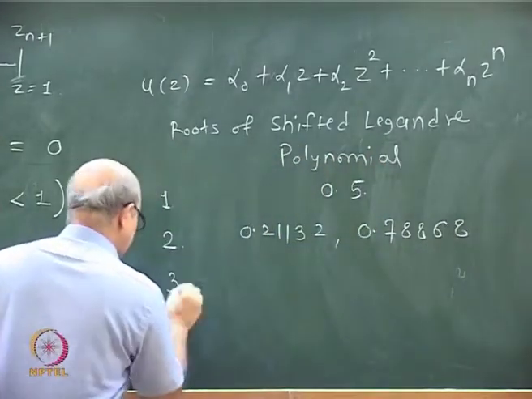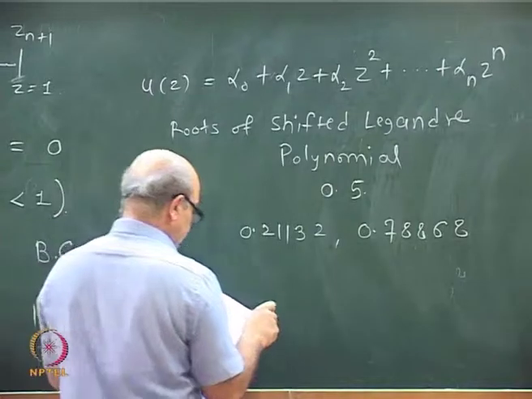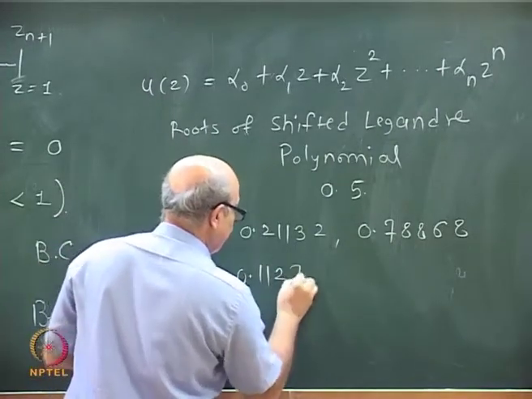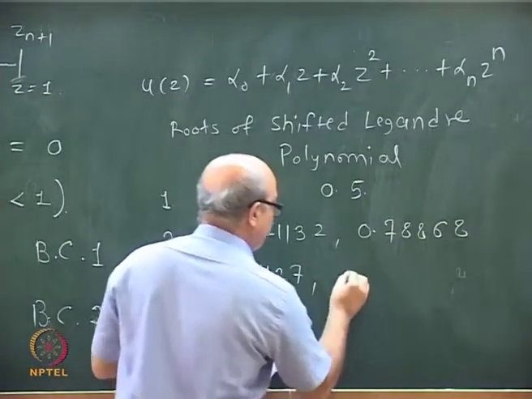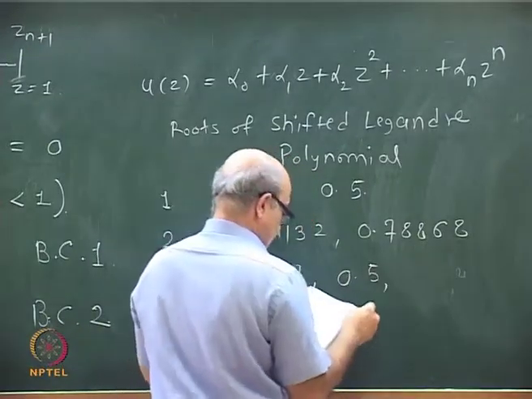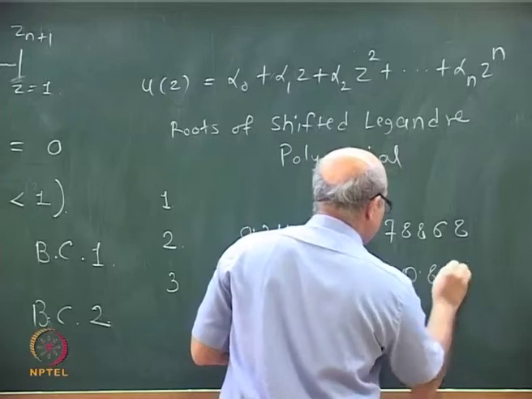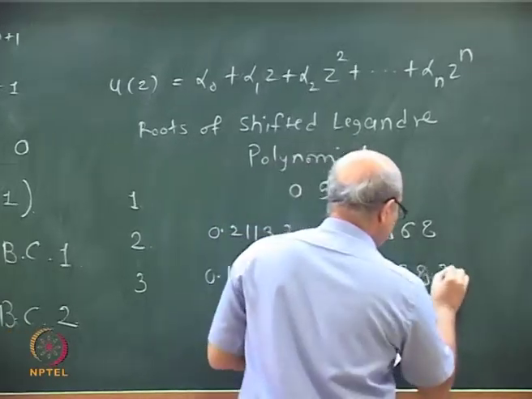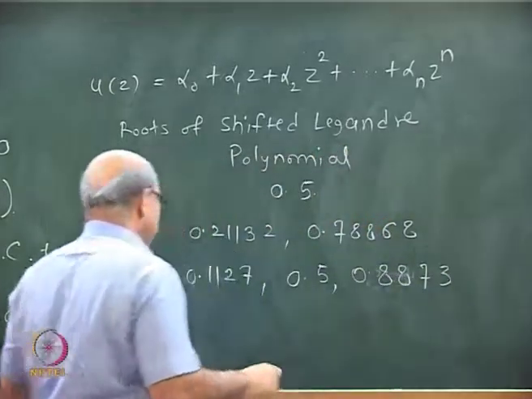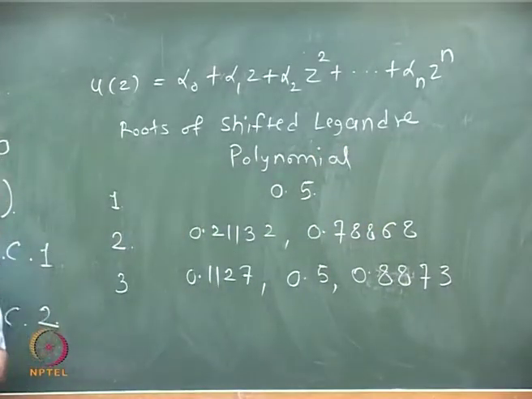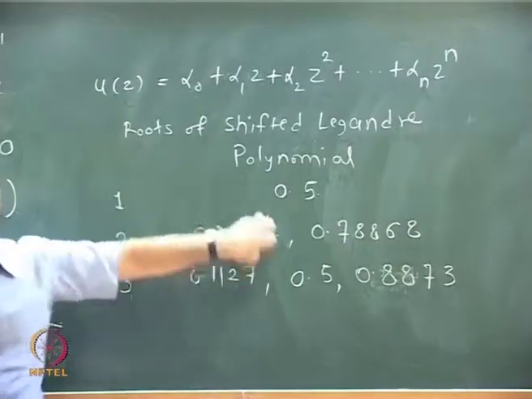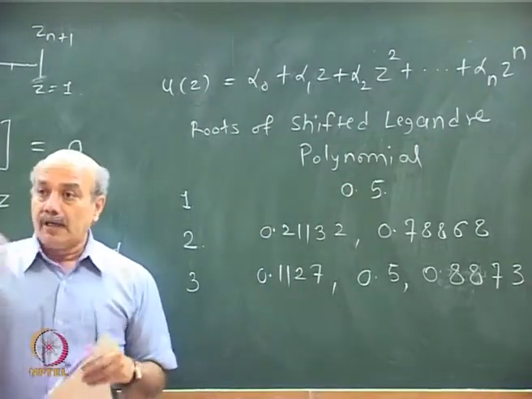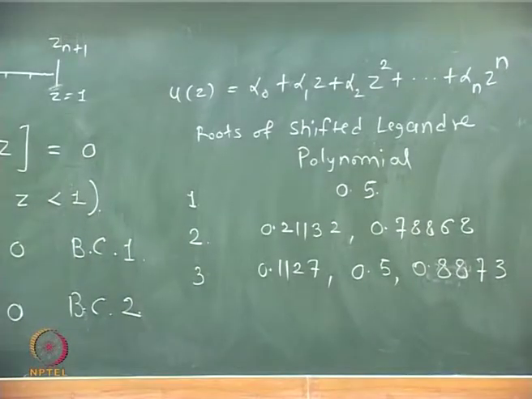If I take the third order polynomial, then I have three roots, 0.1127, 0.5 and 0.8873, and so on. If you look at standard textbooks, you will get these roots of the shifted Legendre polynomials, and I'm going to place the collocation points at these roots.